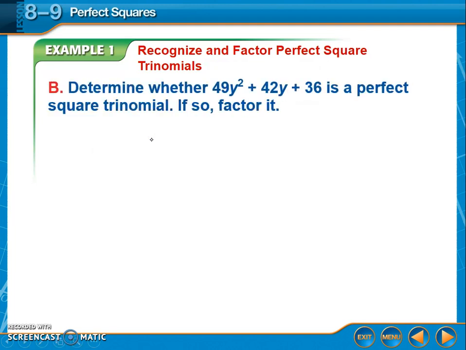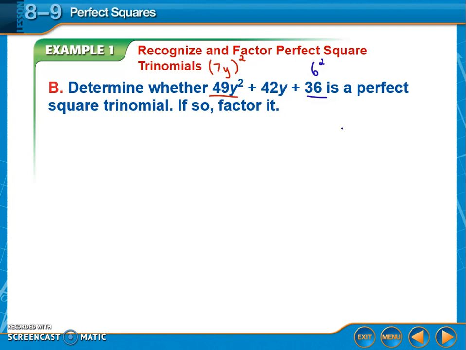If I look at this one, again I look at the first term and the last term to see if they're perfect squares. 49 is the same thing as 7 squared, and y squared is y squared, so this thing is (7y) squared. And this one over here is the same thing as 6 squared.